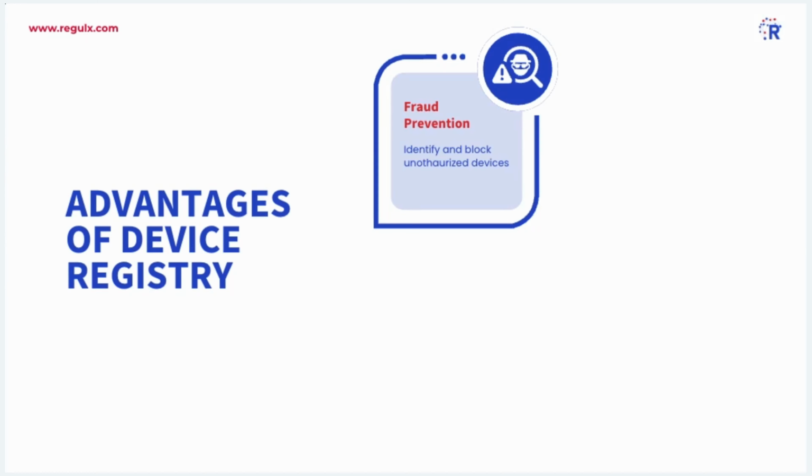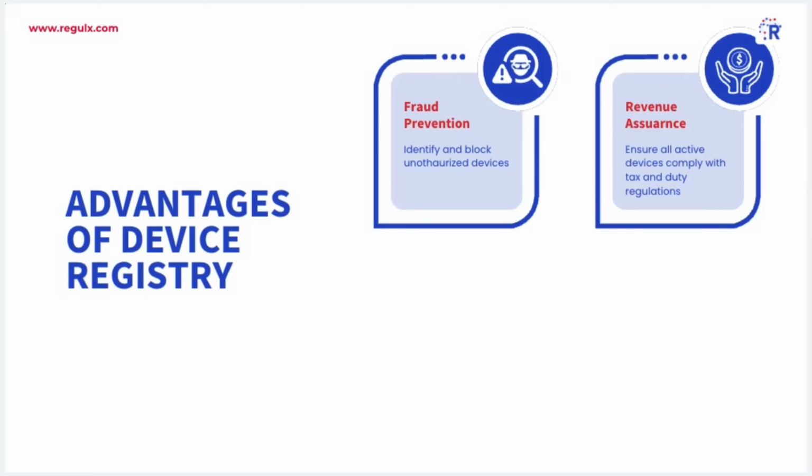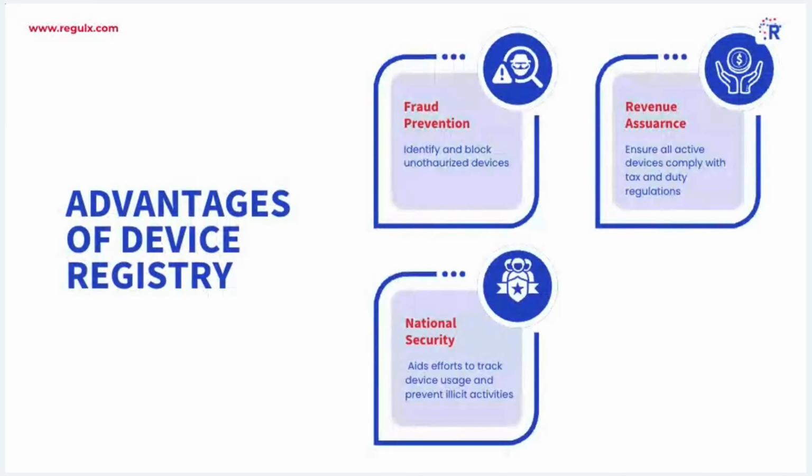This way you will protect your systems and also your subscribers from fraud. You can also ensure revenue assurance. The regulators can make sure that all the active devices on the networks comply with the tax and duty regulations and block any device that is not.